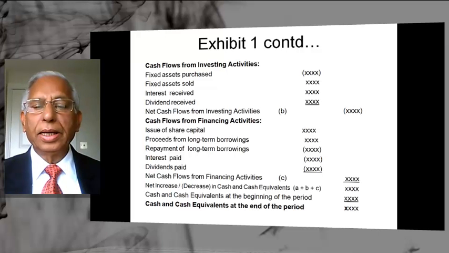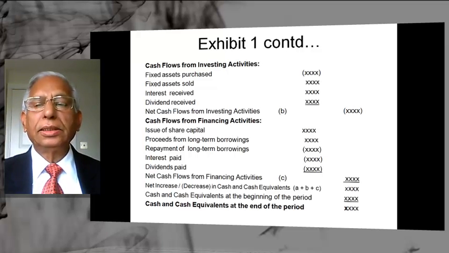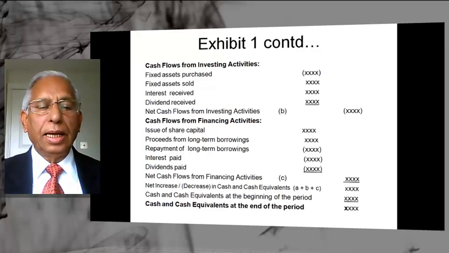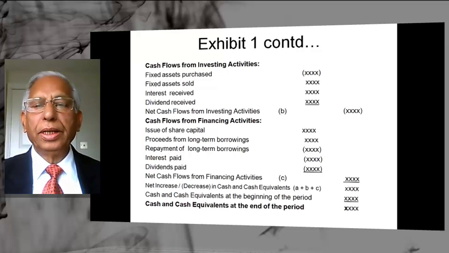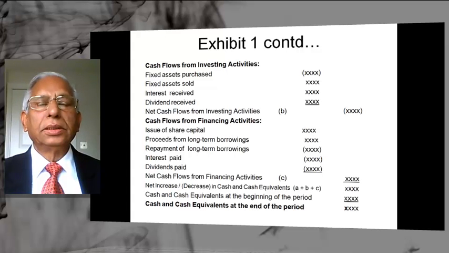We indicate in the bracket again A plus B plus C. Now to this item we add cash and cash equivalents at the beginning of the period, and the ending figure will be cash and cash equivalents at the end of the period, whatever is the period of cash flow statement. So this Exhibit 1 indicates the preparation of cash flow statement as per direct method.